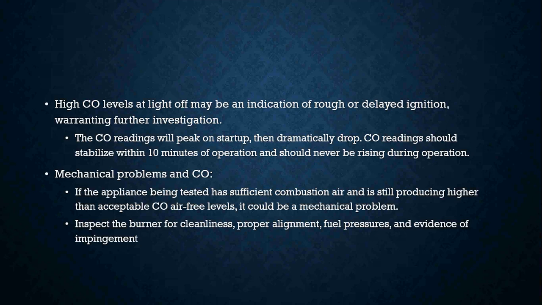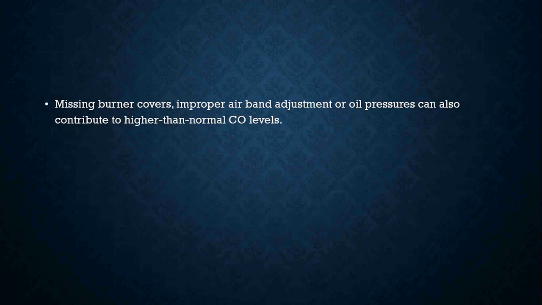Mechanical problems and CO: if an appliance being tested has sufficient combustion air and is still producing higher than acceptable CO air-free levels, it could be a mechanical problem, possibly a failed combustion chamber or cracked heat exchanger. Inspect the burner for cleanliness, proper alignment, fuel pressures, and evidence of any flame impingement. Missing burner covers, improper air band adjustment, or oil pressures can also contribute to higher than normal CO levels.